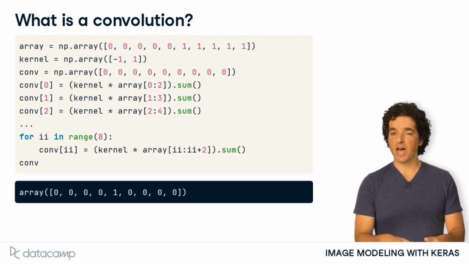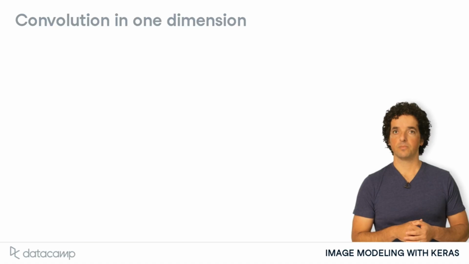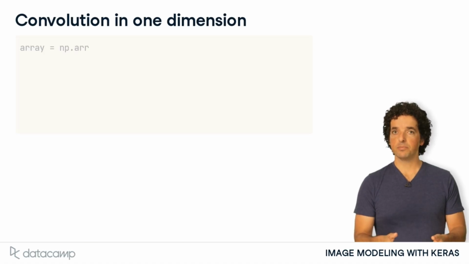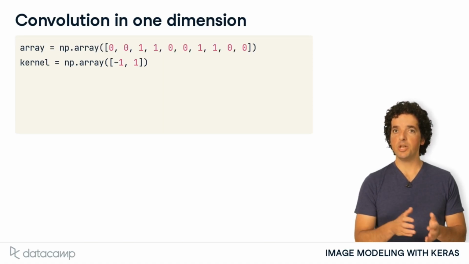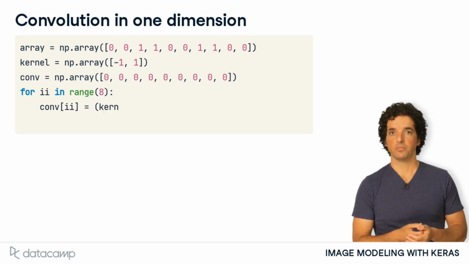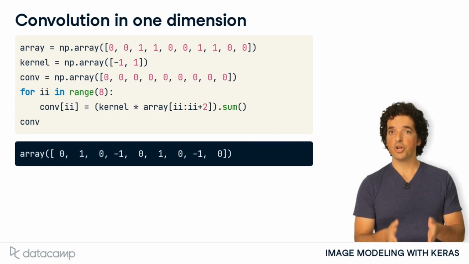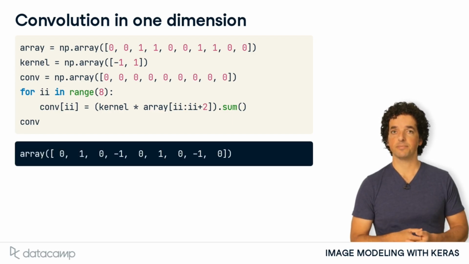This is the result for that location. In this example, the array goes between 0 and 1 twice. In this case, the edges that go from 0 to 1 match the kernel, but the edges from 1 to 0 are the opposite of the kernel. In these locations, the convolution becomes negative.